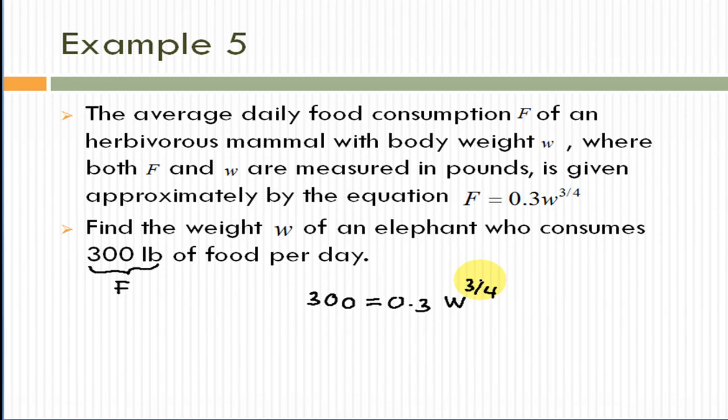And we want to solve it for W. So we don't want that number, then we divide both sides by that number. 300 divided by 0.3 is equal to W to the 3/4. 300 divided by 3/10 is 1000. So 1000.